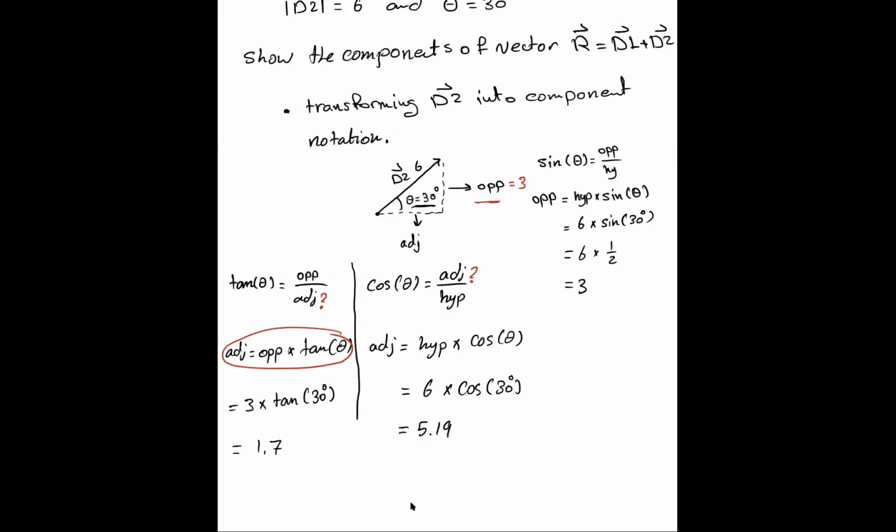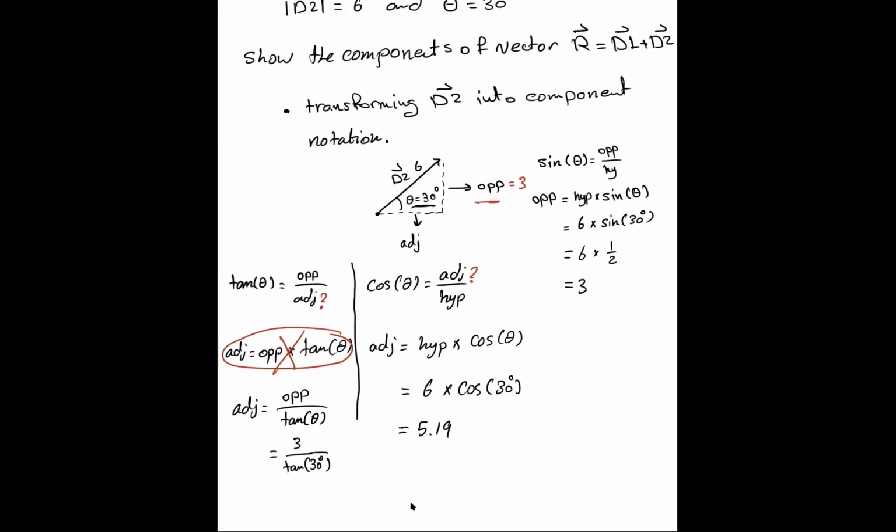My isolation of adjacent was not correct. So to backtrack, this is wrong. And that will be adjacent is equal to opposite over tangent of theta, and that's equal to 3 over tangent of 30.